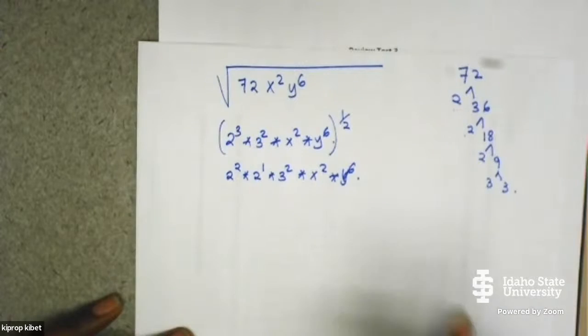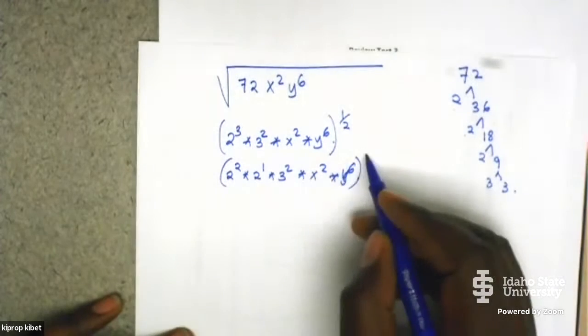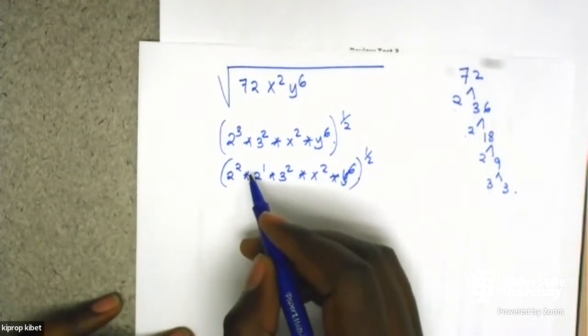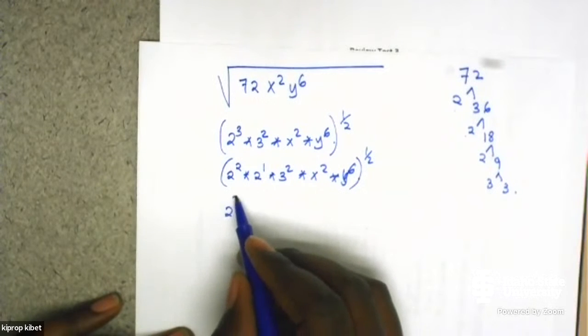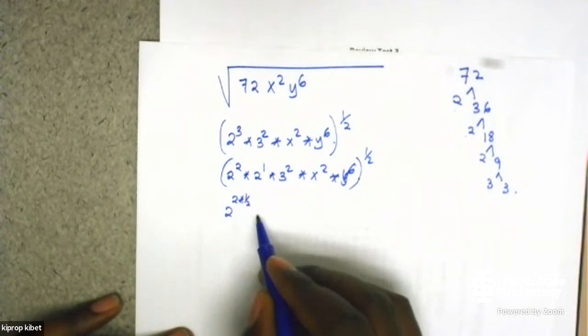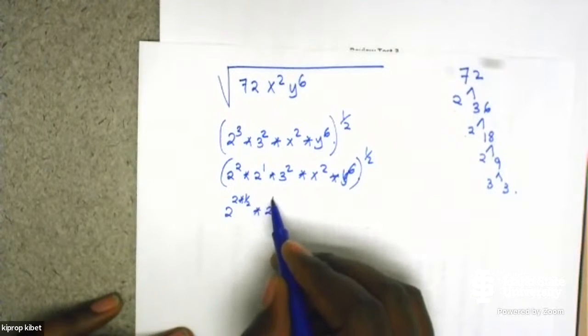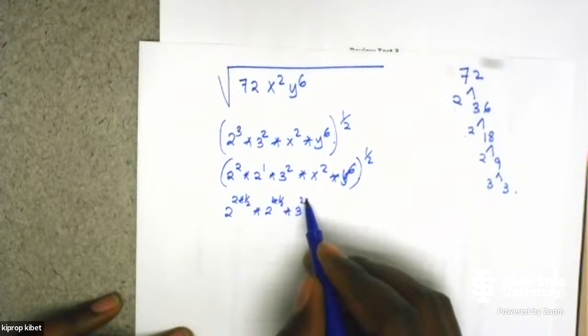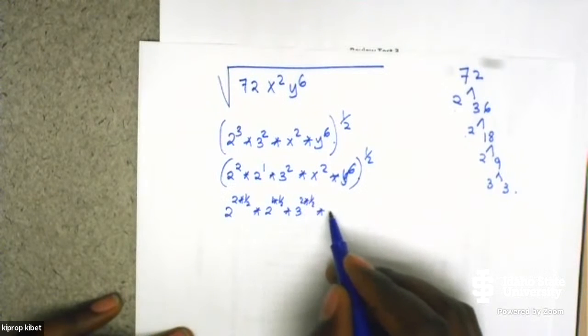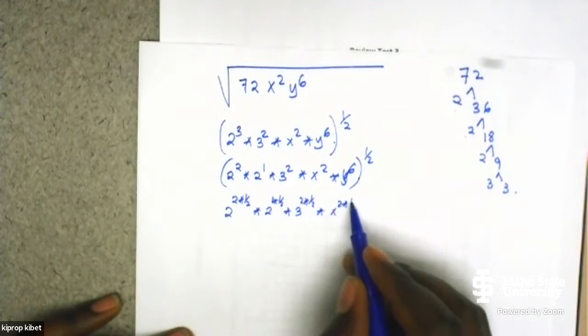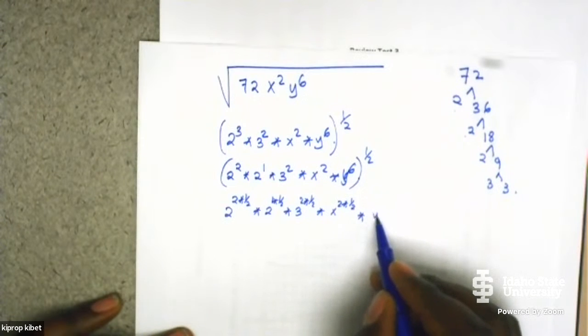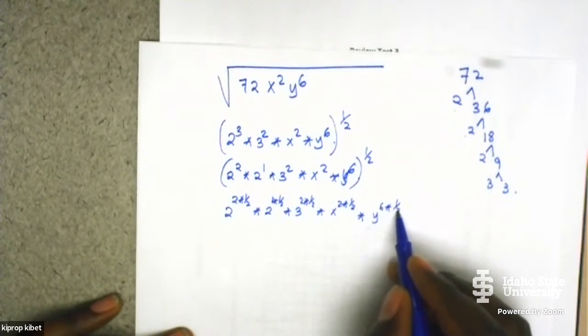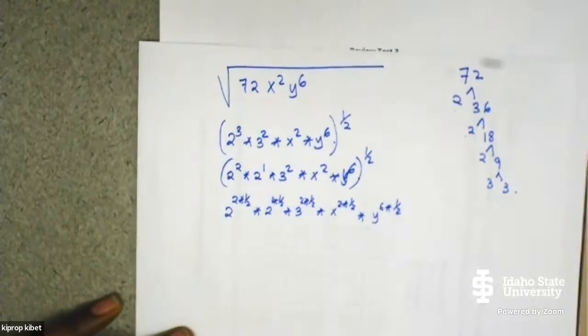If we distribute the power of 1 over 2 to each factor, we get 2 raised to 2 times 1 over 2, 2 raised to 1 times 1 over 2, 3 raised to 2 times 1 over 2, x raised to 2 times 1 over 2, and y raised to 6 times 1 over 2.